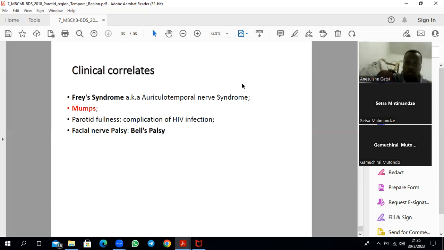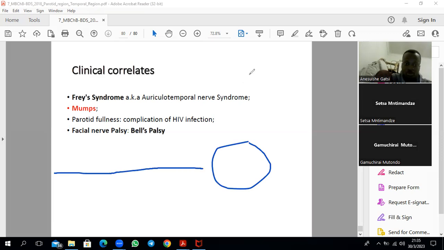Let me draw. I have the parotid. That one is the auriculotemporal nerve. Then this is the skin overlying the parotid. The skin overlying the parotid is being innervated by the greater auricular.